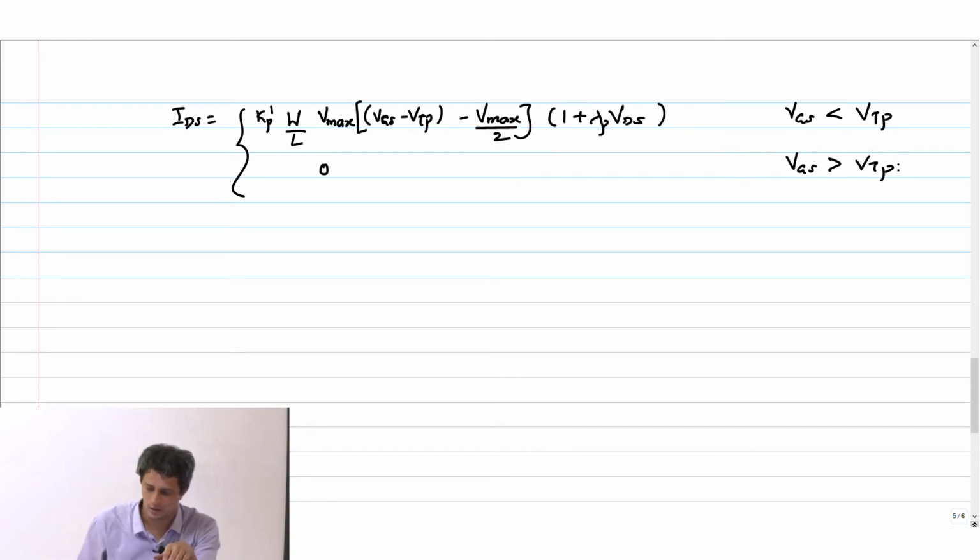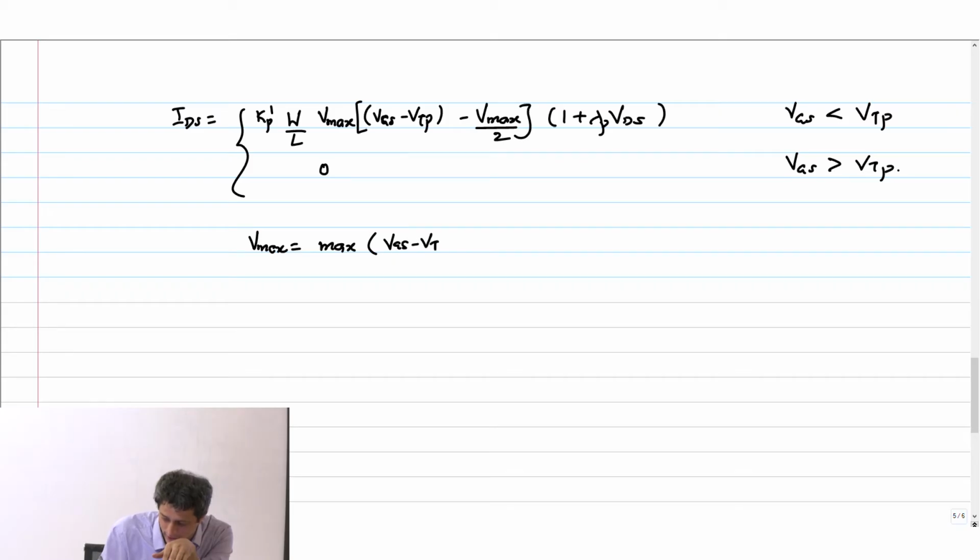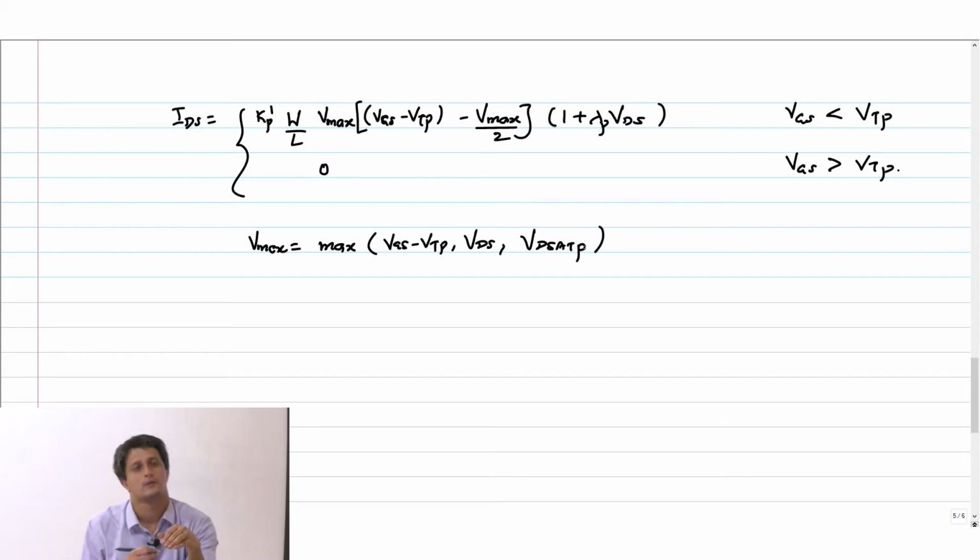What is V max? It is simply going to be the maximum of VGS minus VTP, VDS and VD sat P. I am not writing it in terms of mod because it's a little bit confusing.